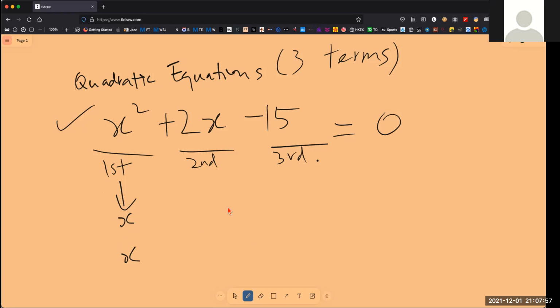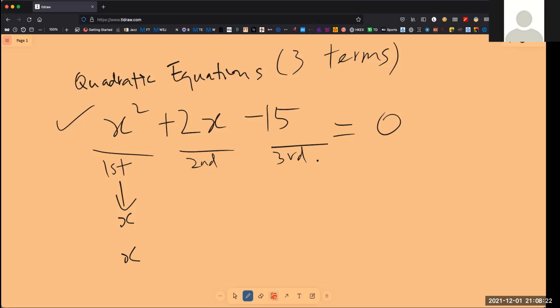And then you take care of the third term first. So how do you get negative 15? You have a few combinations, right? Can you think of a combination that can get you minus 15?